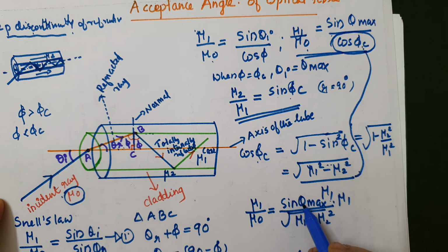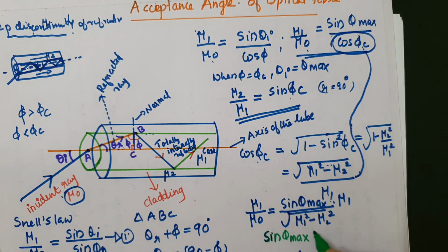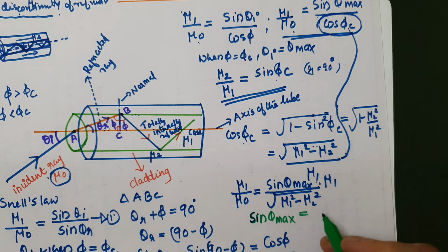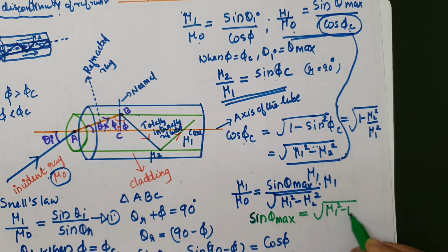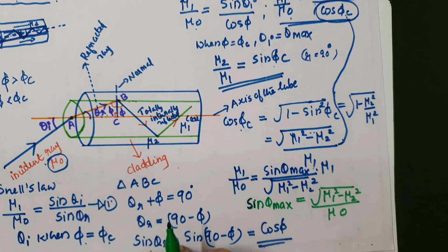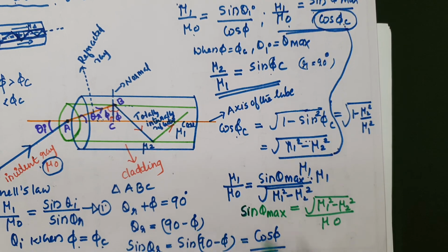Then sin theta max is equal to root of mu 1 square minus mu 2 square divided by mu 0, where mu 0 is the refractive index of the air medium and it is usually taken as 1.